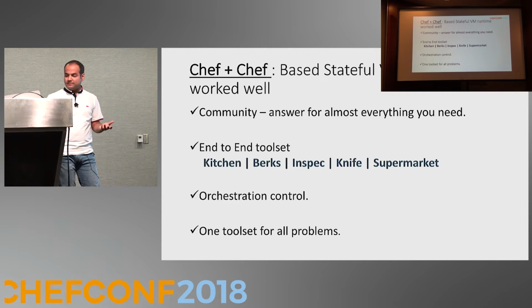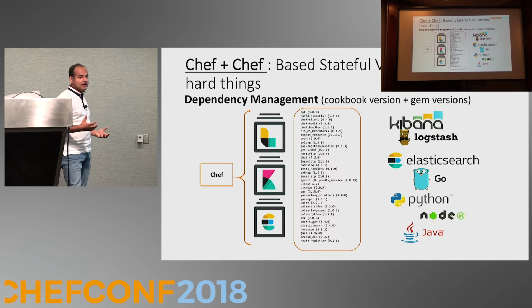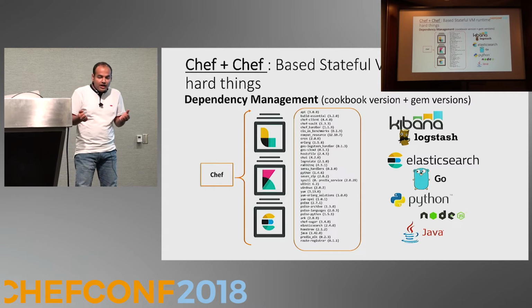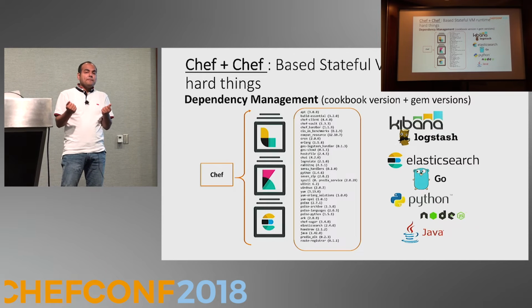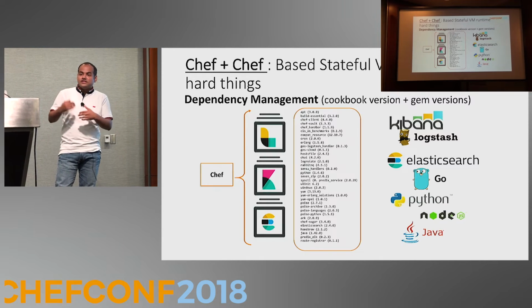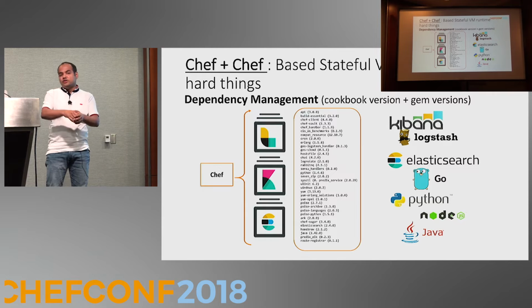But as I said, a few things worked well, a few things didn't work well. So what was hard with this system? One of the hardest things is dependency management. When this convergence happens, and you guys are pro Chef here, you know the compiled cookbook list is sometimes crazy if you do a lot of things.